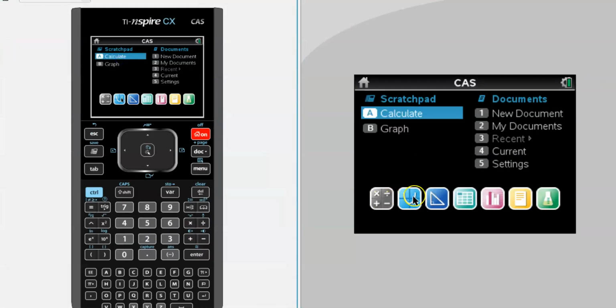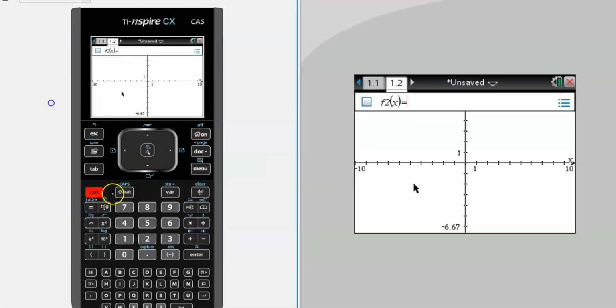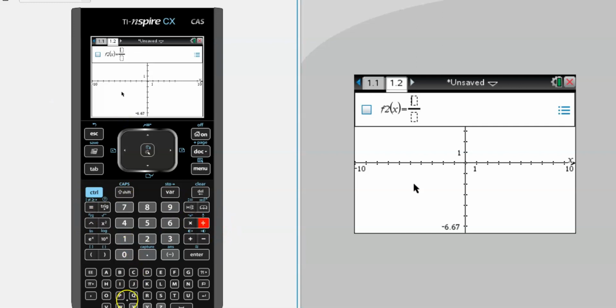So we said x over x minus 2 plus 1 over x minus 2.